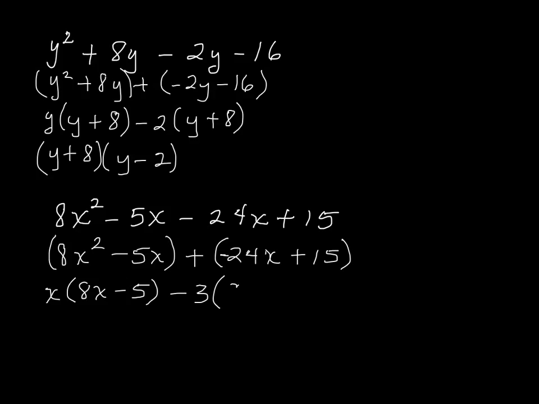So that will be 8x minus 5, which is what we want. And then bring out the 8x minus 5. It'll leave us x minus 3. All of this is introduction to what we're going to be doing in the next slide or so. Okay?